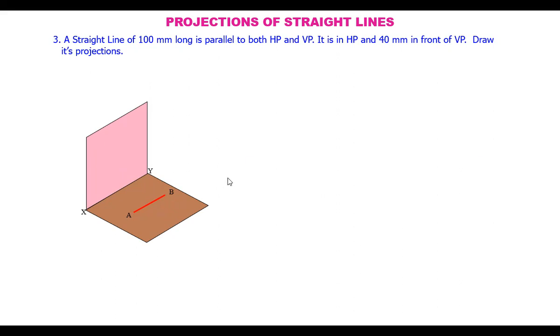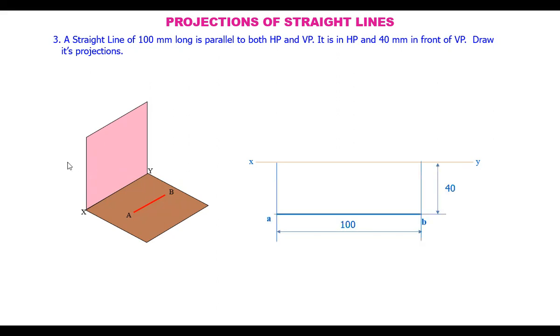That is the meaning. Now draw the reference line. First, you can draw either the top view or the front view, right? If you want to draw the top view, the line is at a distance of 40 mm in front of VP. The front view is obtained on the reference line. So we want to draw the top view here first.